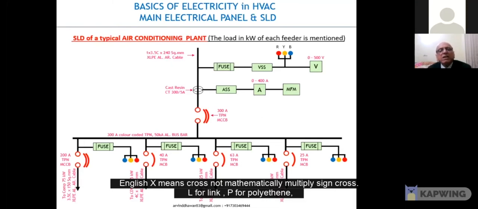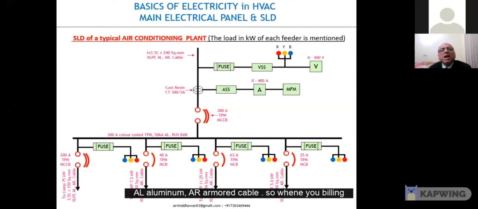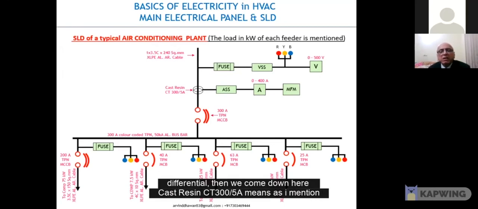L for linked, P for polyethylene, PE for polyethylene. AL means aluminum, AR means armored cable. So when you're building, you ought to make sure that this is an armored cable and this is not an unarmored cable. It invites a lot of financial differential.